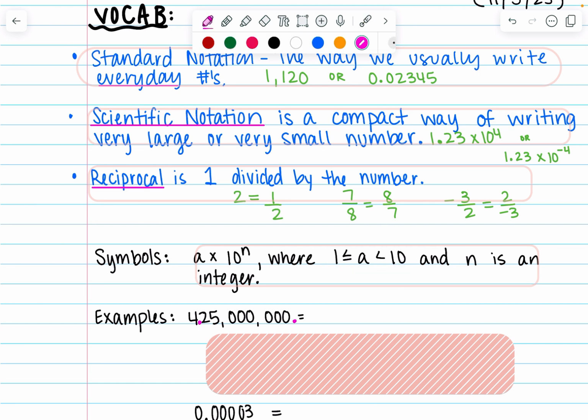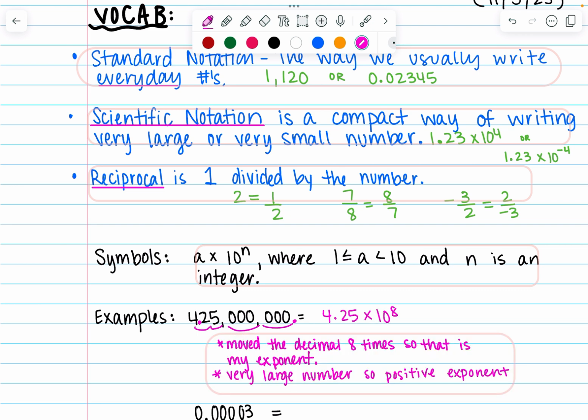So I move my decimal point 3, 6, 7, 8. So then this becomes 4.25 times 10 to the power of 8. So move the decimal 8 times, so that is my exponent. Very large number, so a positive exponent.